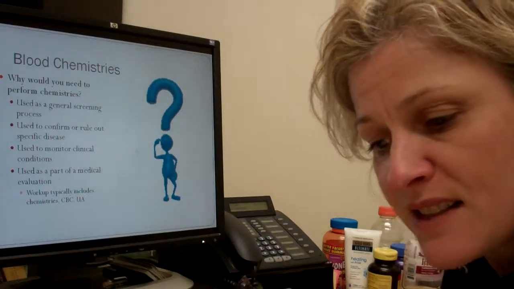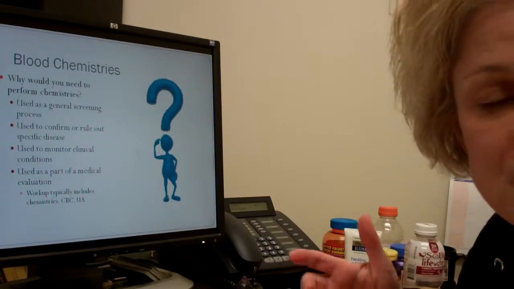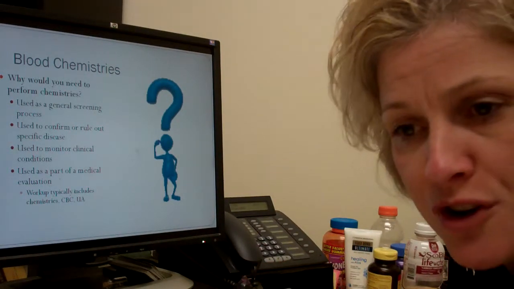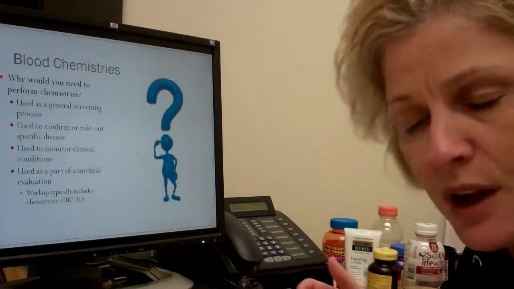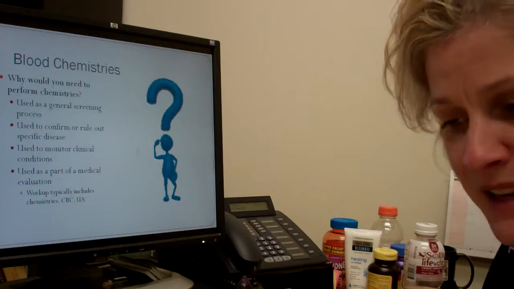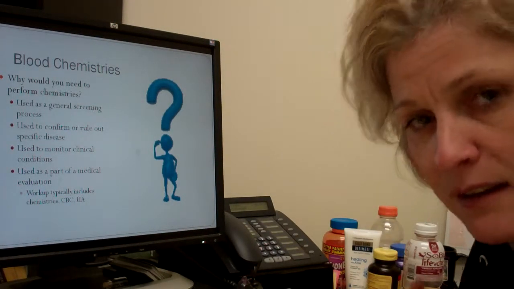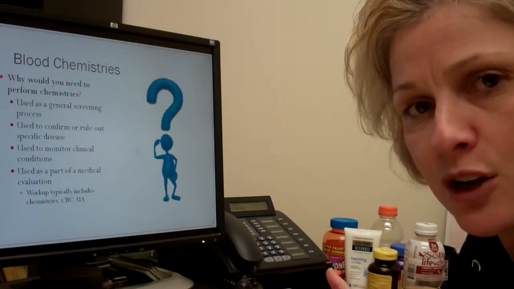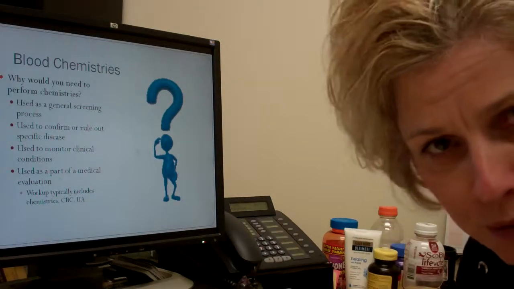Now let's think about this. Many of these enzymes on the profile correlate to different organs. Maybe an organ, let's take for example the liver. What if I was anesthetizing your dog and your dog had some liver issues? We would be able to see that in a chemistry profile. If I knew that beforehand, me being the vet tech, I would choose an anesthetic drug that wasn't metabolized through the liver, or maybe just slightly through the liver.